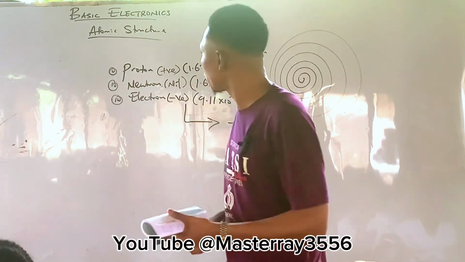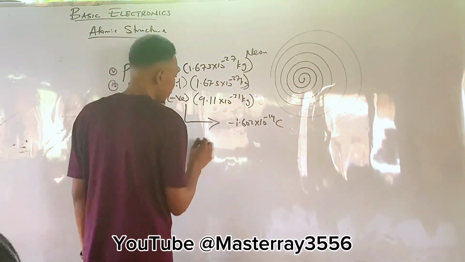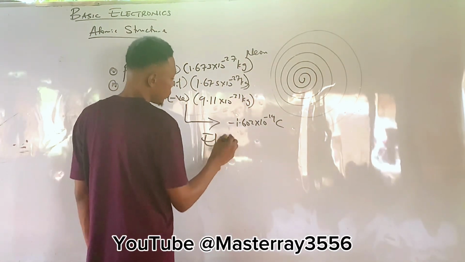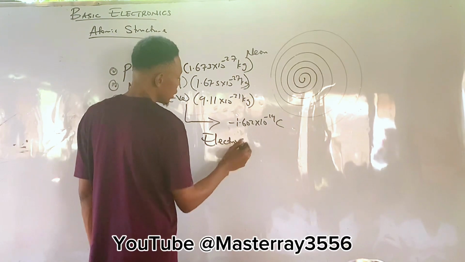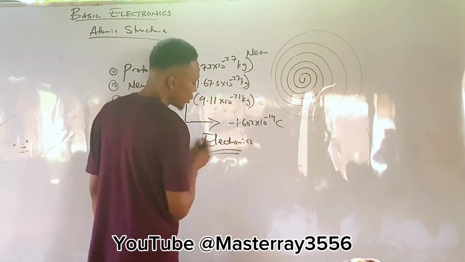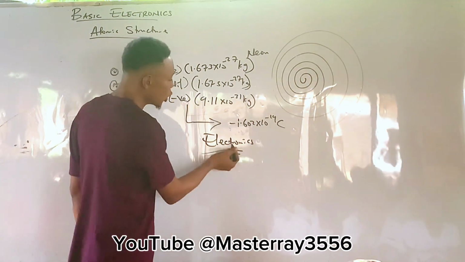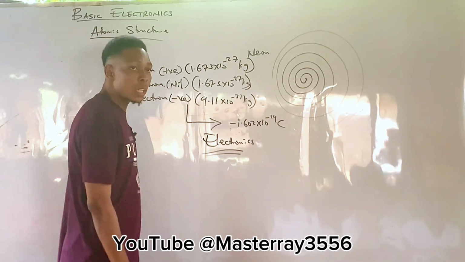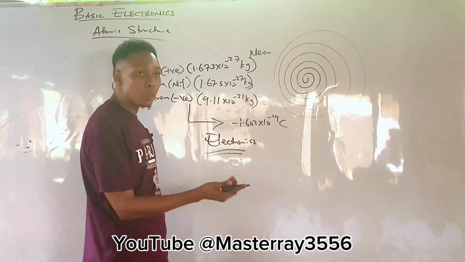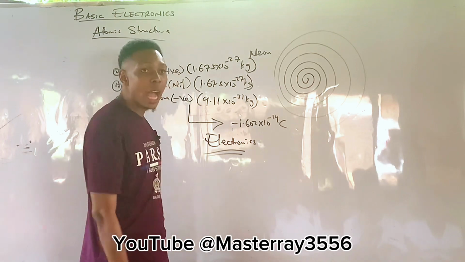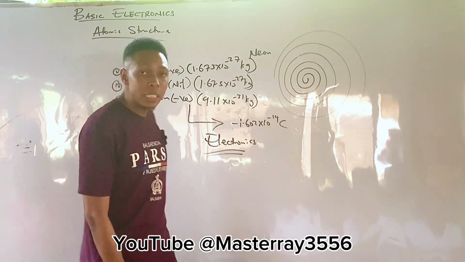So this now takes us to electronics. You can see the word electron. So electronics was extracted from the word what? Electron. Are you following? Alright, please say that.